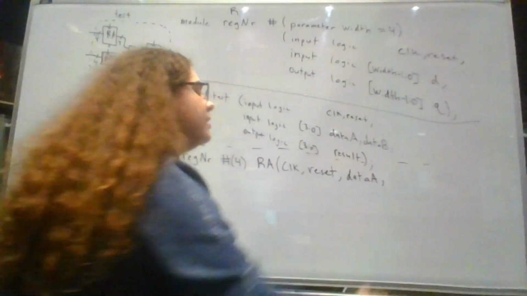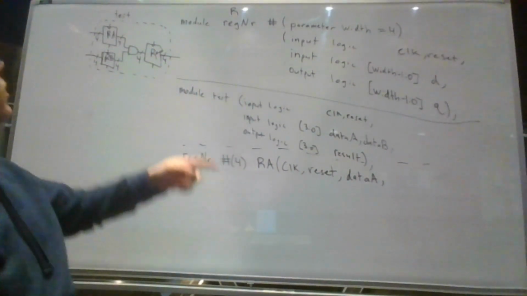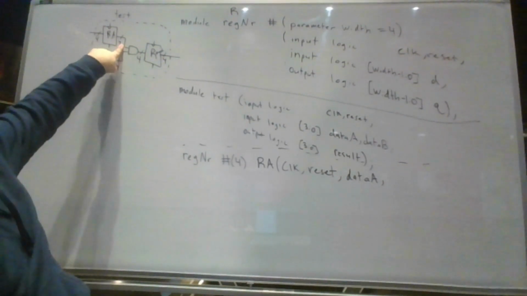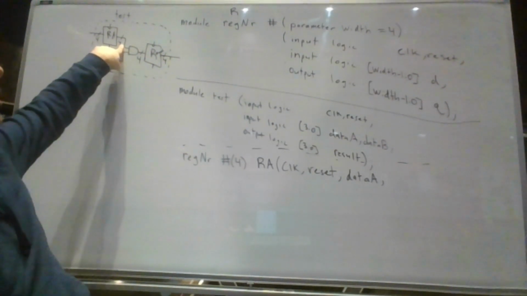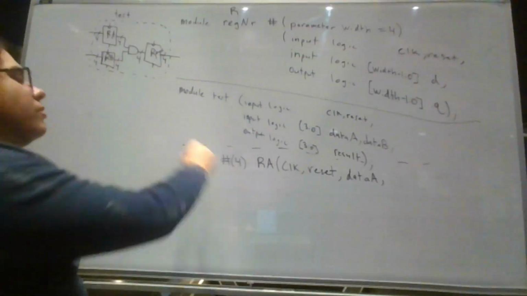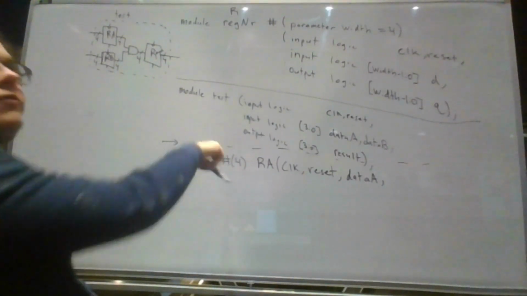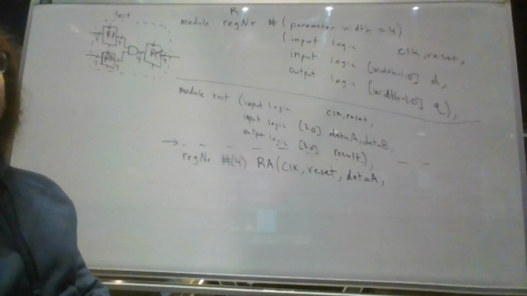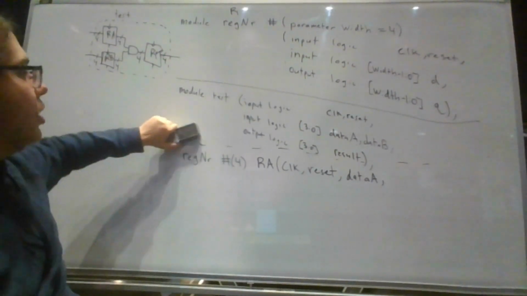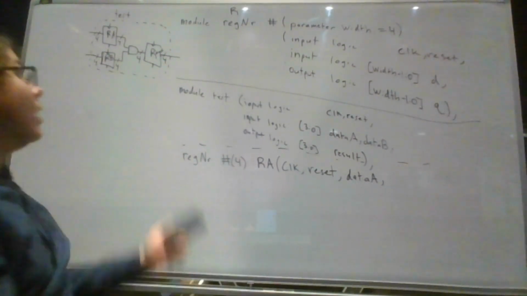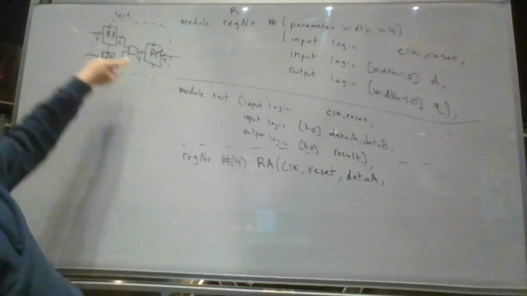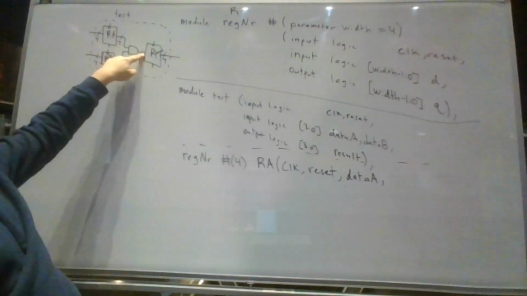And then for the last part, I have to specify the output. The output here is actually an internal wire. Normally you'd put internal logic above your instantiations, but for the sake of space, and also just because I can, I'll put them below. So I have to specify a few internal wires. This one, and that one.